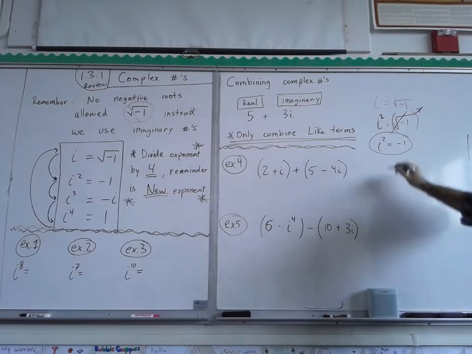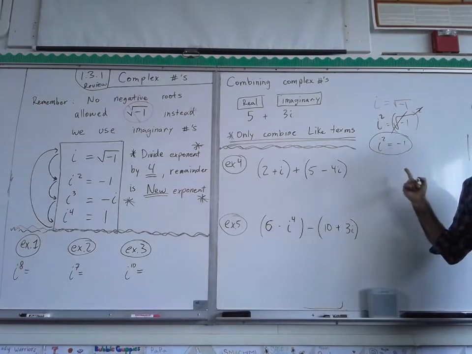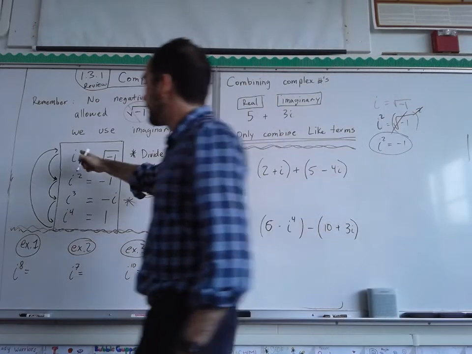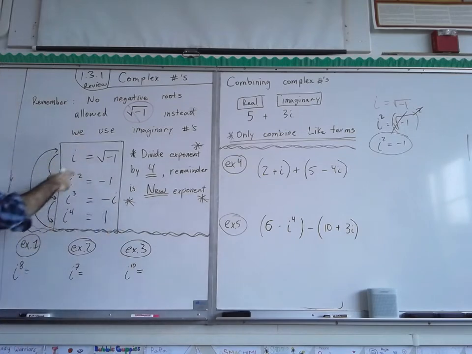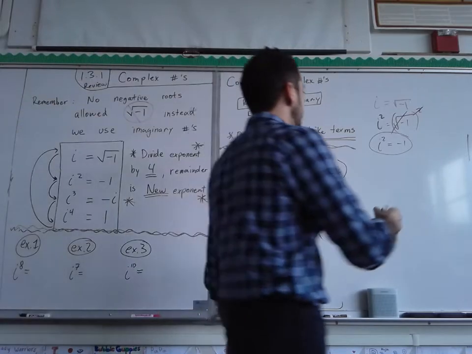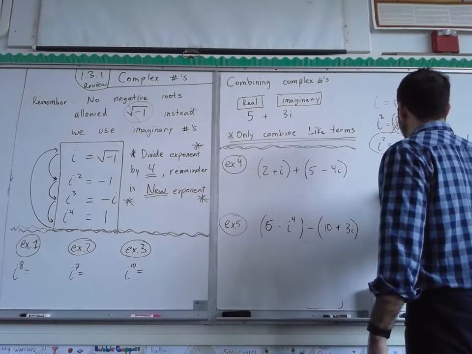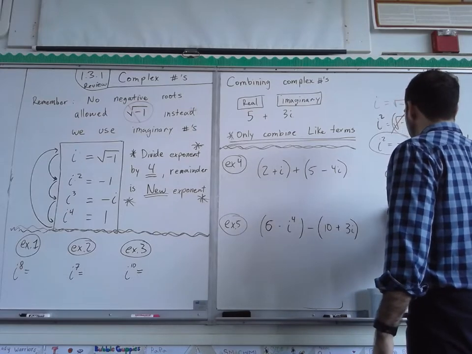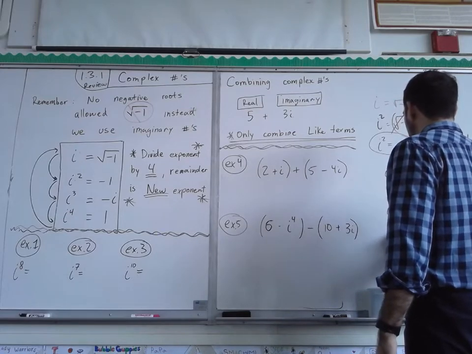We could work out all these definitions for i, which is i to the first, i squared, i to the third, i to the fourth. If you do so, you will start to see that this pattern continues the cycle. So if I write down a few of these, i to the fifth, sixth, seventh, eighth, ninth, 10th.